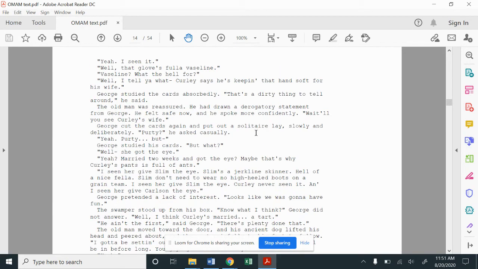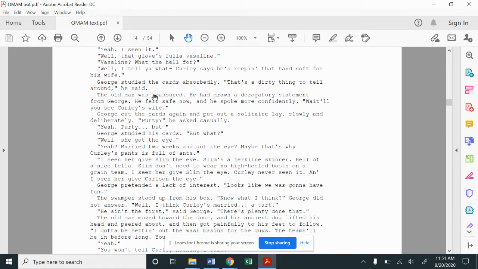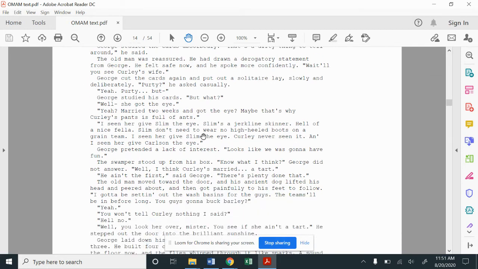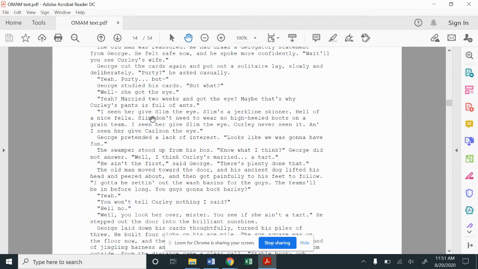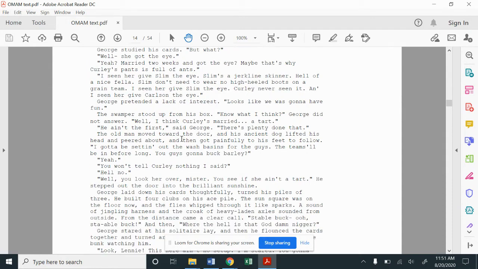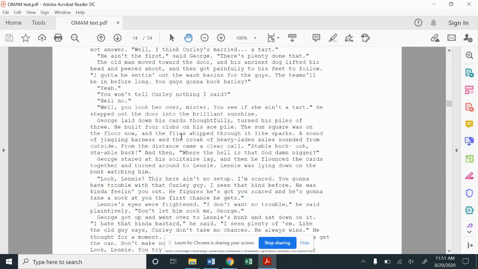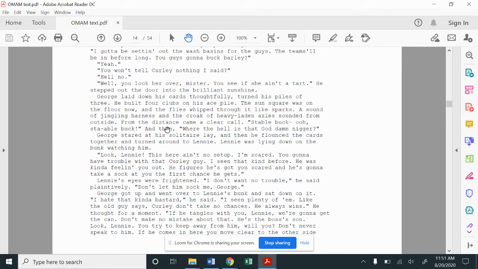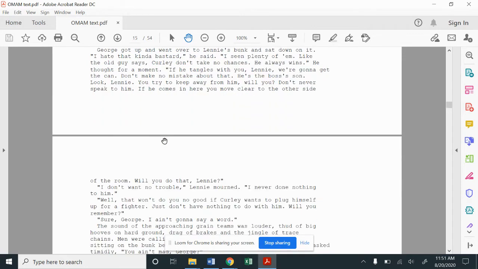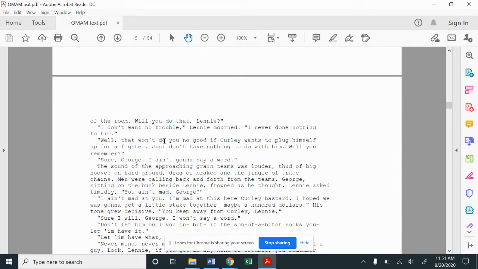As they come in, you'll notice, I'm trying to find the spot, "married to." Here's the part where it talks about Curly being married just for a little bit, like 2 weeks, and then you get to the part down here where she comes and stands in the doorway.